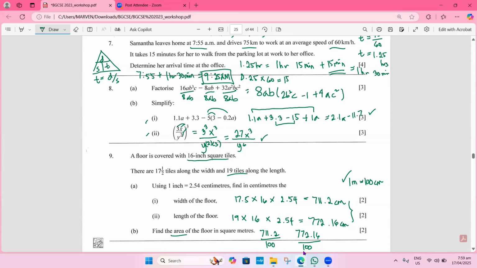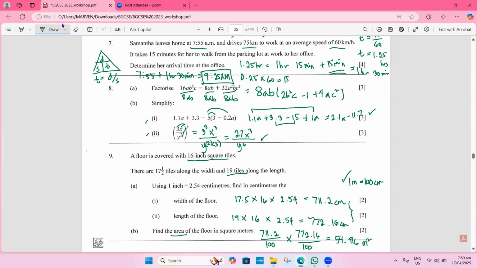Now, to solve for the area, we multiply these two, the length and the width. So multiply 711.2 divided by 100 times 772.16 divided by 100, and that will give you an approximate value of 54.916 square meters.